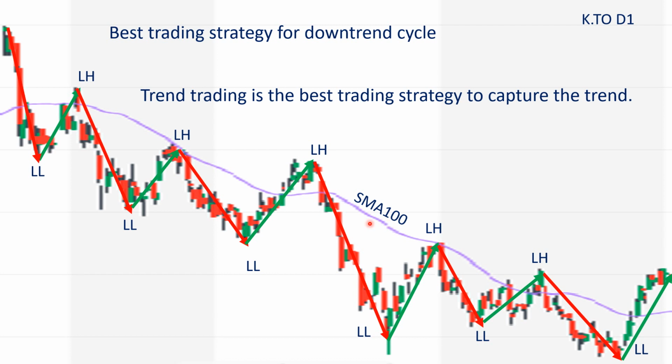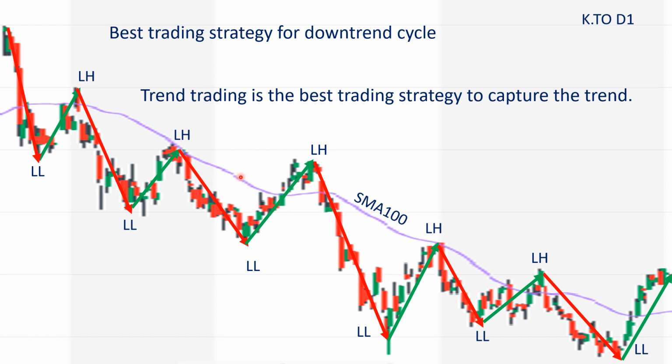SMA 100 acts as dynamic resistance. Here the pullback ends in dynamic resistance. Same thing here, same thing here. So this is the first one. The second one, the pullback ends in a moving average, and the third one, the pullback ends in a trend line. If you draw a trend line, that is acting as dynamic resistance.